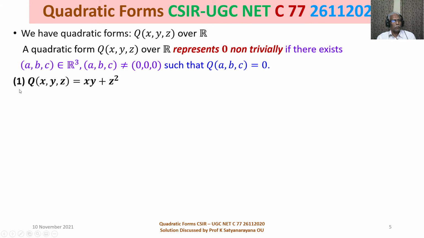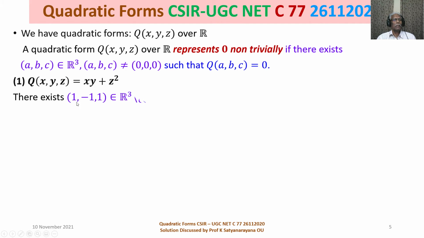The first option: the quadratic form is Q of x, y, z equal to xy plus z square. Now there exists a triad 1, minus 1, 1. So 1 into minus 1 plus 1 square will be 0.